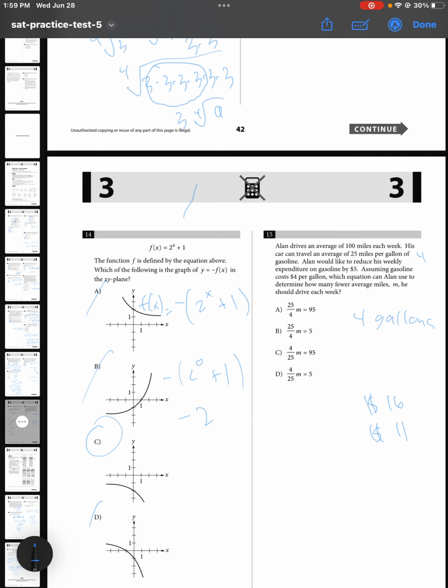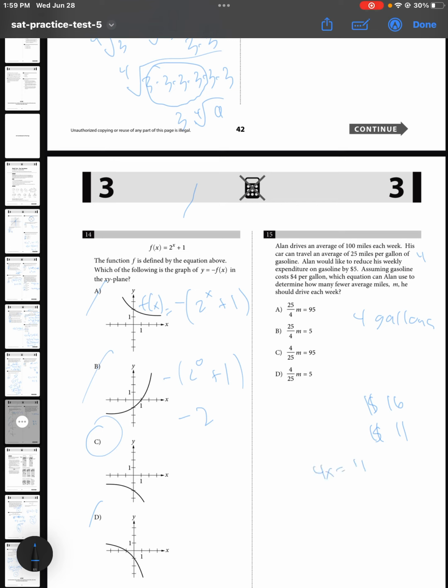So to do that, let's see how many fewer miles he would need to drive. Okay, so 25 over 4m. So what times 4 equals 11?